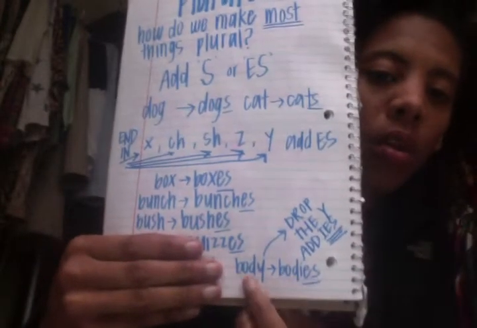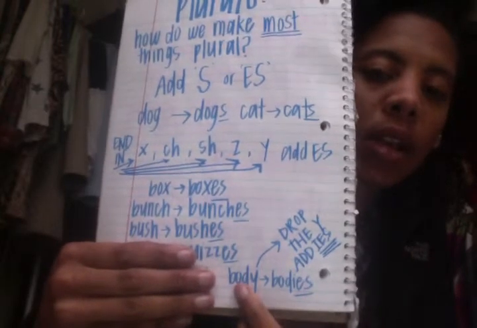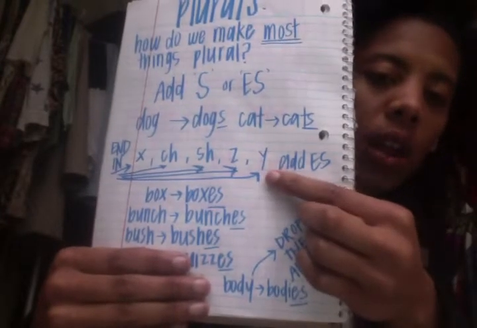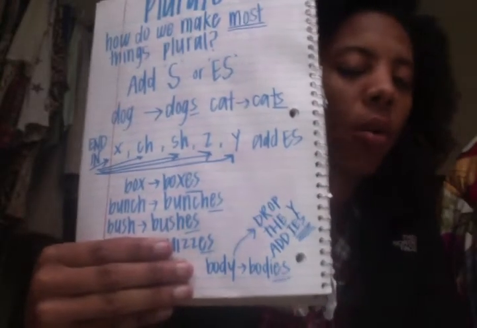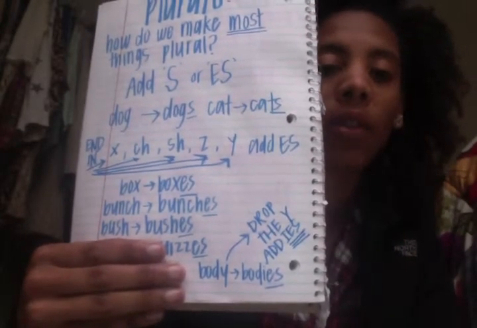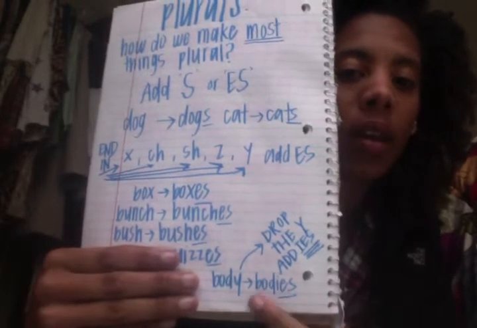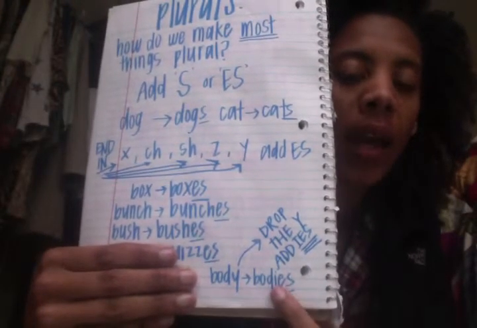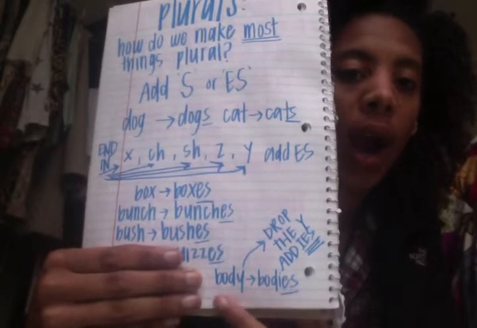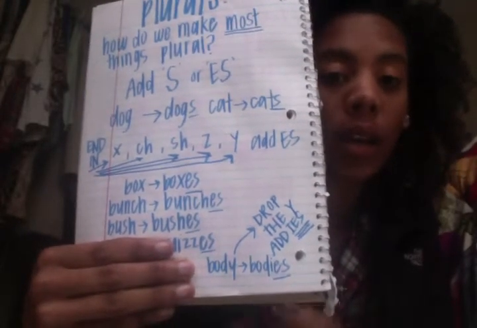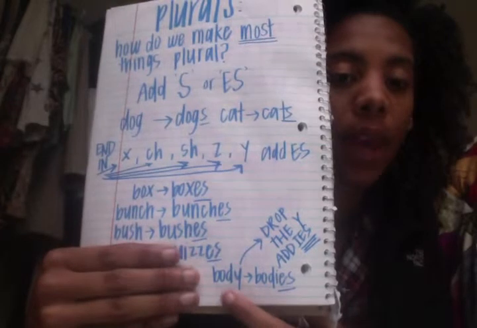And finally, body. Body is a singular. It ends in y, so we know we have to add es, but we don't just add es with words that end in y. We have to change the y to an i, and then we add es. With words that end in y, a lot of words that end in y, okay?